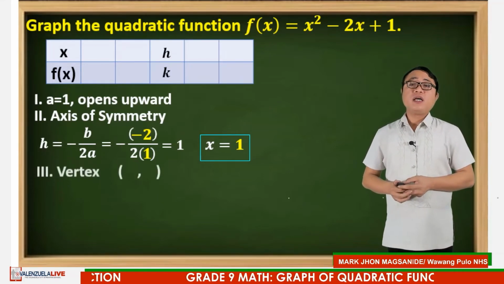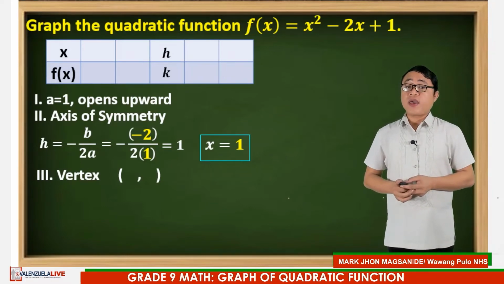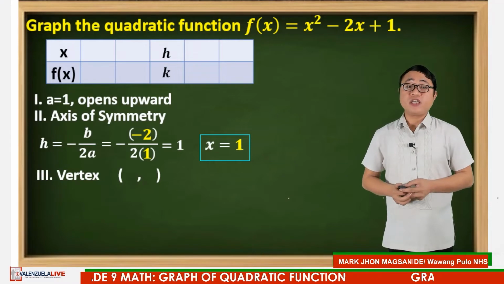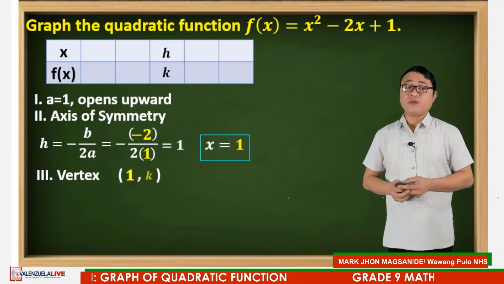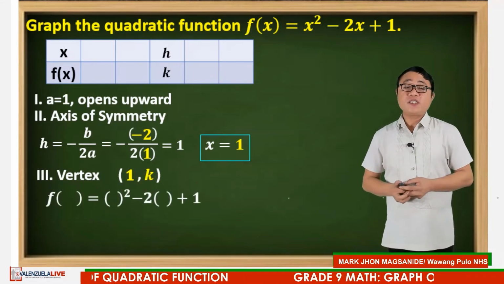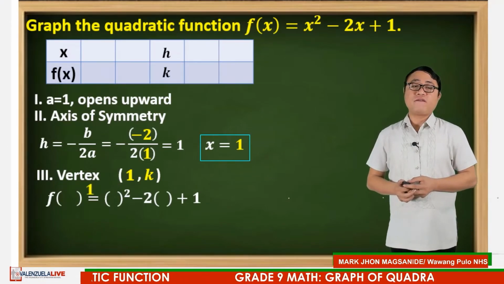Third, determine the vertex of the parabola. From the equation of axis of symmetry, the value of h is 1. And using this value, we will find the value of k by substituting 1 in the given quadratic function.